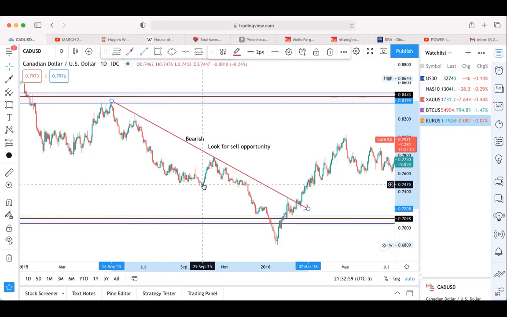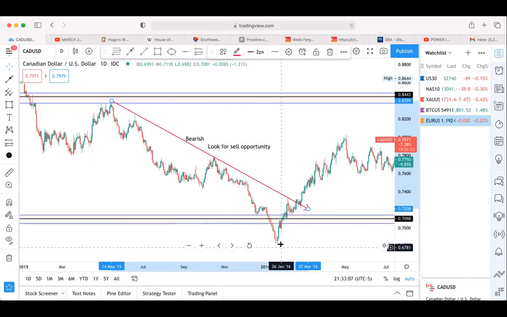Look at that. The next time it came back up, it touched this line. What did it do? Went all the way back down again. Bam, all the way down. And then when it went back up, touched the line, it started coming down again. And then it went back and broke through.